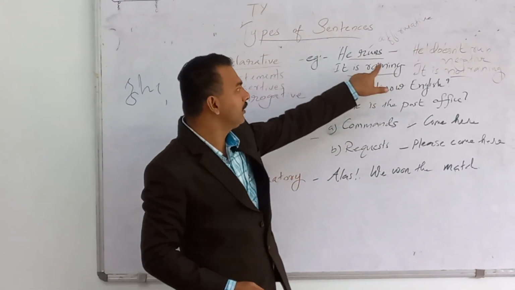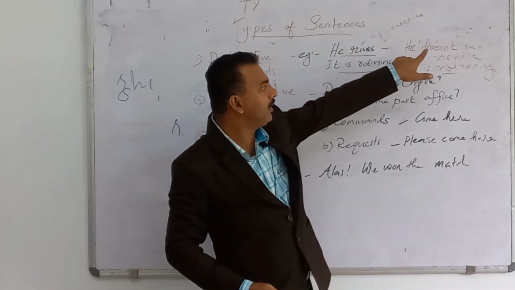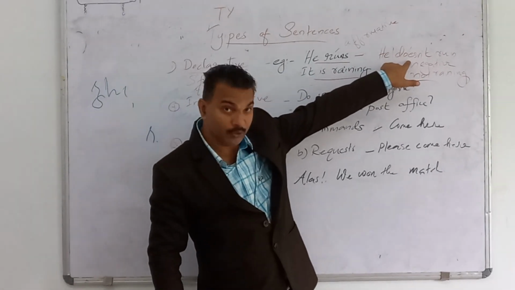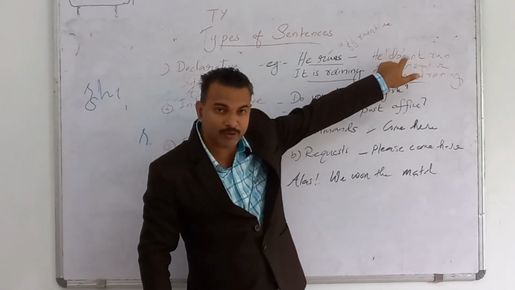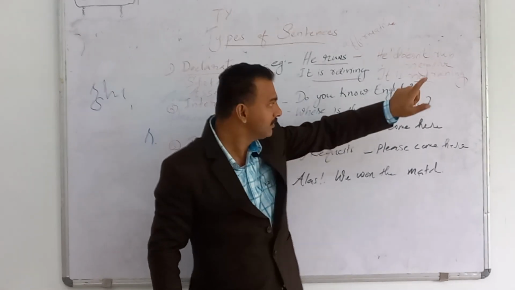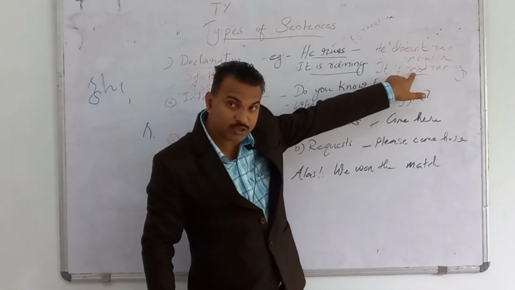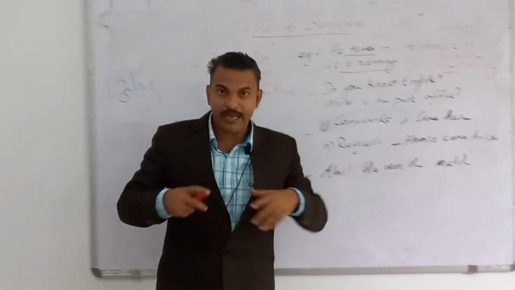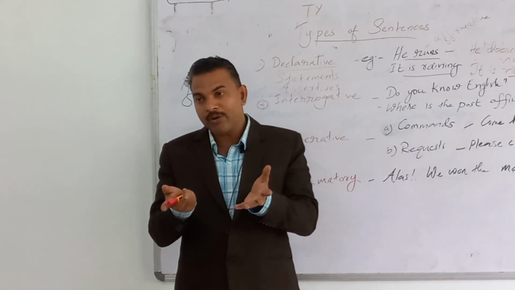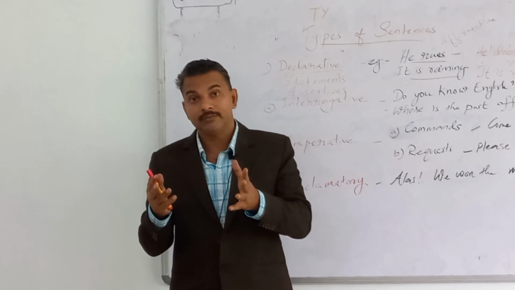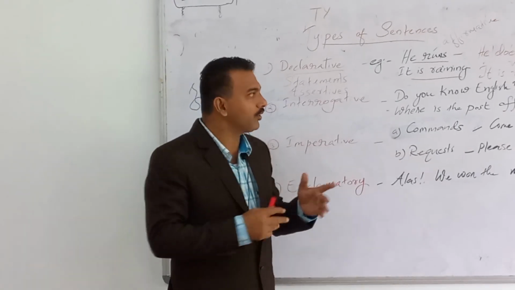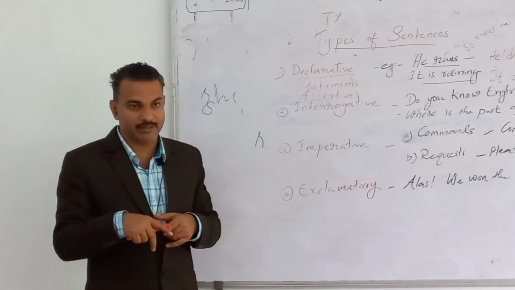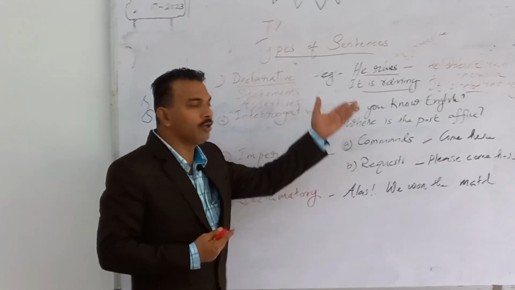For example, here he runs, and in fact it is does not, but we use the contracted form doesn't. Here also it is possible to write it isn't raining. I am teaching you. He isn't teaching. So the contracted form is used in negative sentences, but in affirmative sentences, we go with the regular pattern.